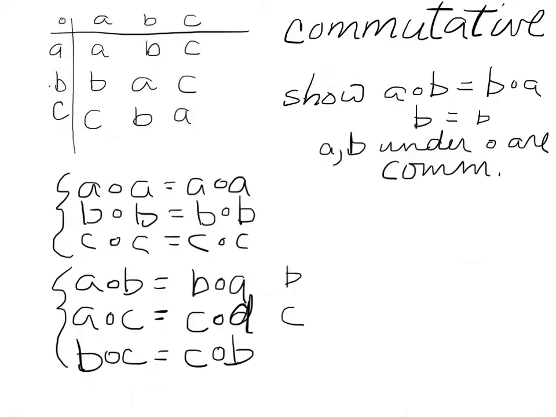wait a second. If we look at that, let's take a peek. If I do B with C, I get C. But if I do C with B, I get B. So it turns out that in this one, while this is equal to C, this one's equal to B. So those are not equal.